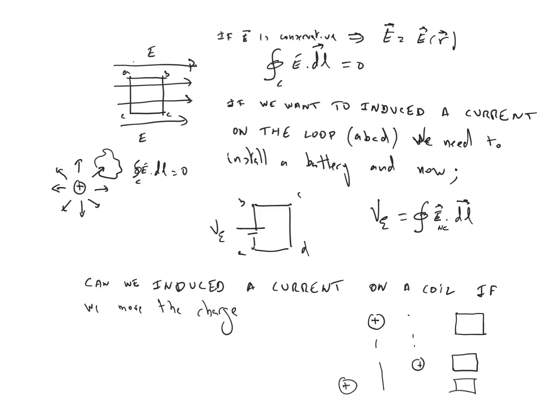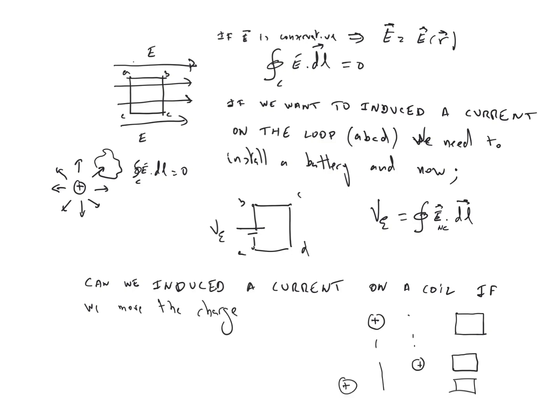We saw that if you vary the magnetic field, of course you vary the flux. If you vary the flux, you create an electromotive force. So we want to think about this in terms of the electrical field. Can we induce a magnetic field if we vary the electrical field?